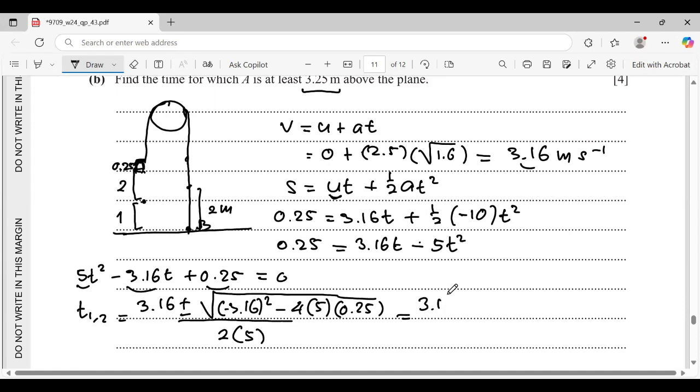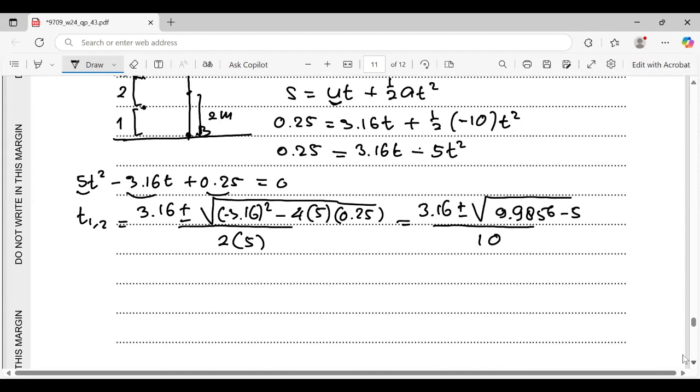If you calculate this, it becomes 3.16 plus or minus the square root of 9.9856 minus 5, over 10. Let's scroll down first. So it becomes 3.16 plus or minus 2.23284 and so on, divided by 10.